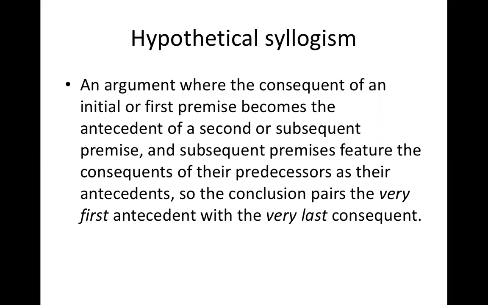This is an argument where the consequent of the first premise becomes the antecedent of the second or subsequent premise. That is, the consequent of a particular premise becomes the antecedent of the next premise.